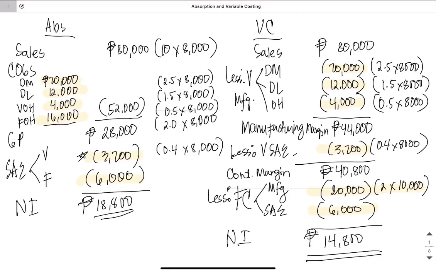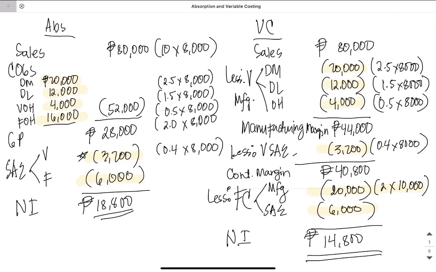So 20,000, this is what we have incurred for the entire 10,000 units, expensed outright. In absorption costing, 16,000 only because the 4,000 will be recorded in your inventories.